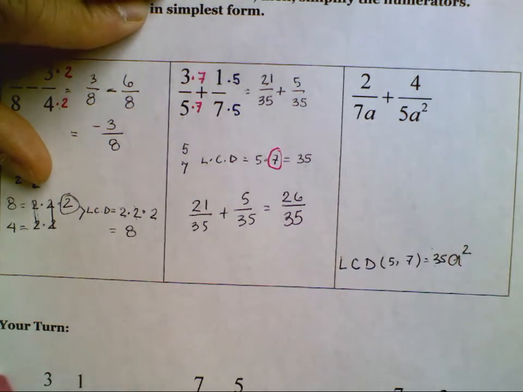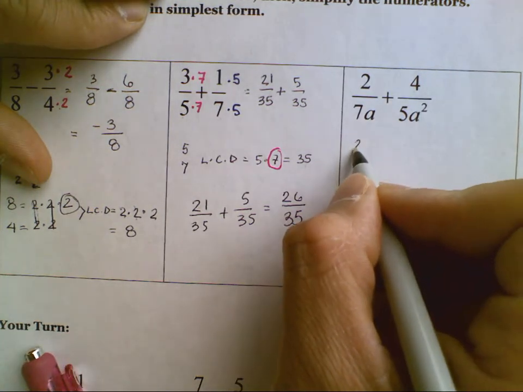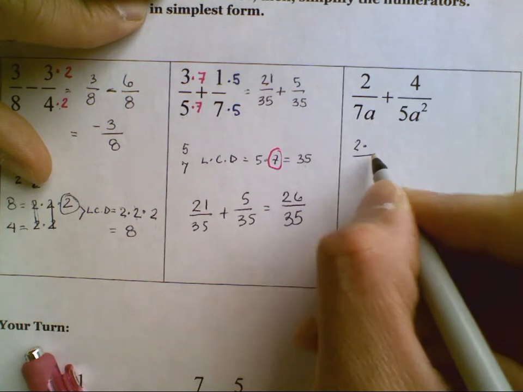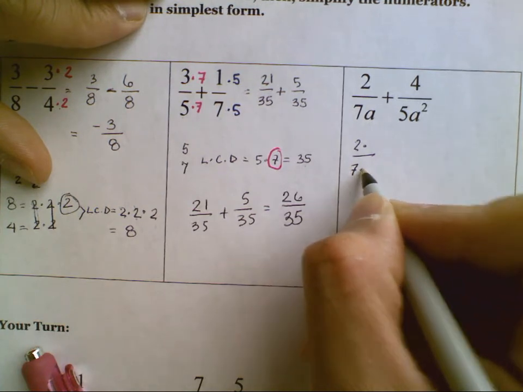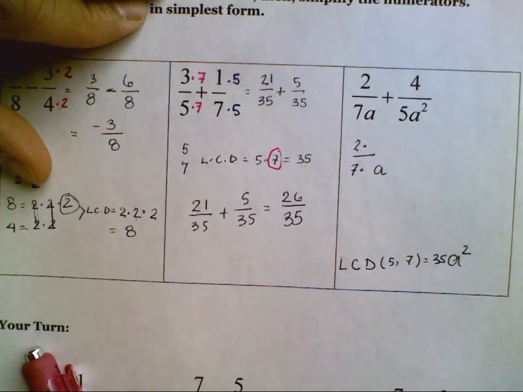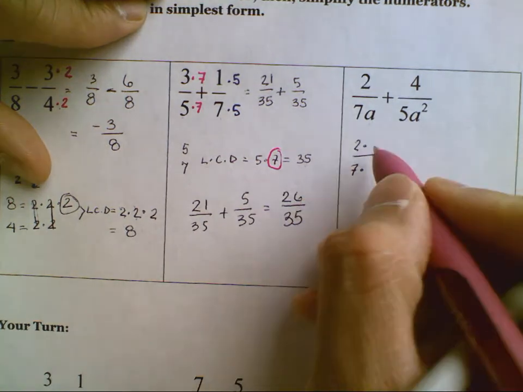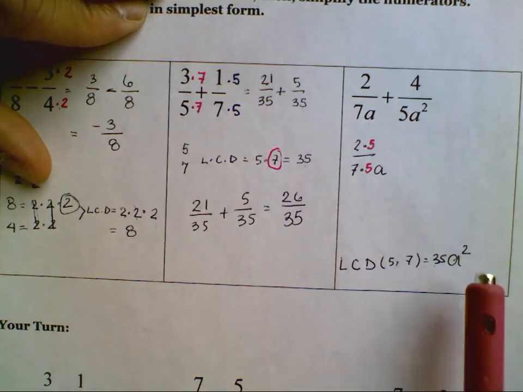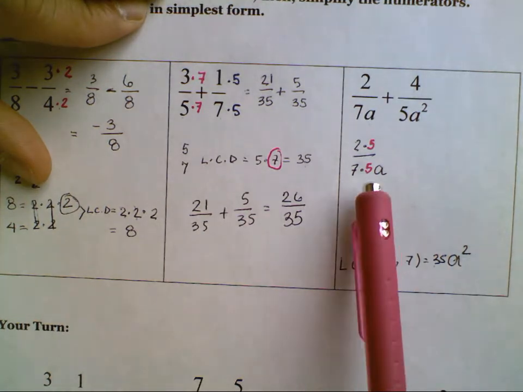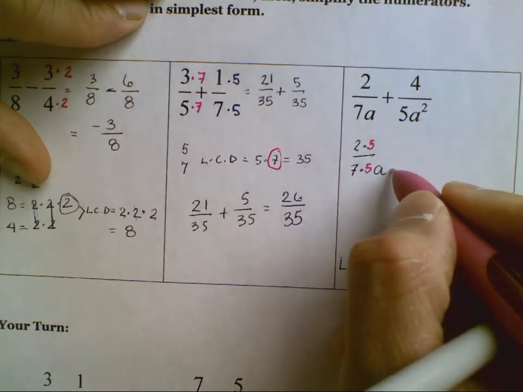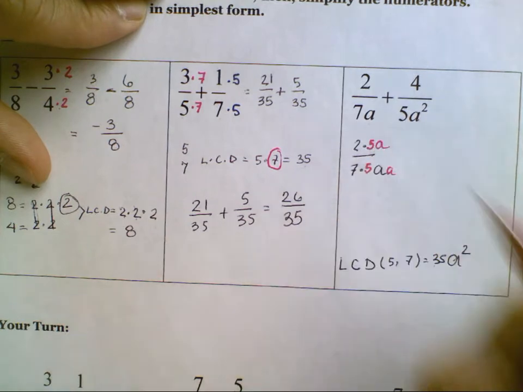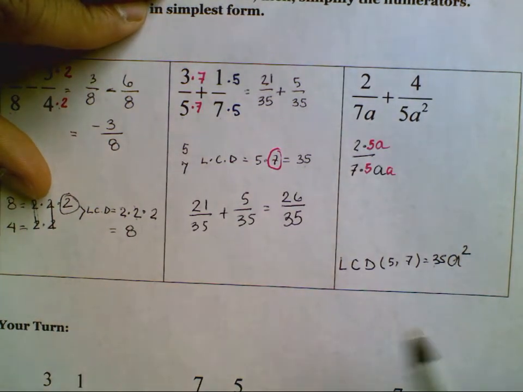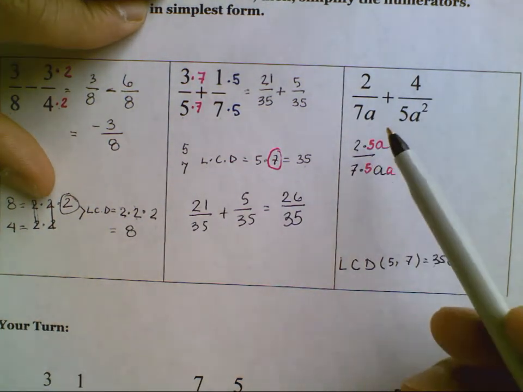So I'm going to have 2 over 7 times a, and then I'm going to write 5 because it's 7 times 5, and then you have a squared. So we need to multiply by a. Don't forget, you multiply denominator and numerator.